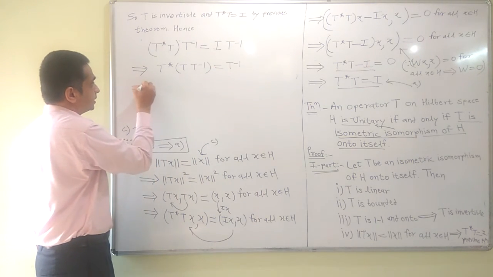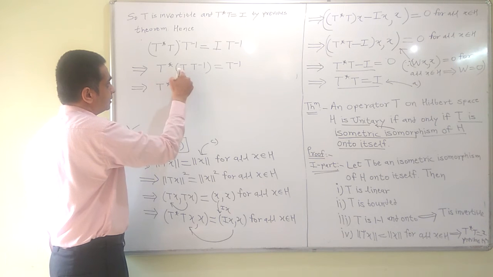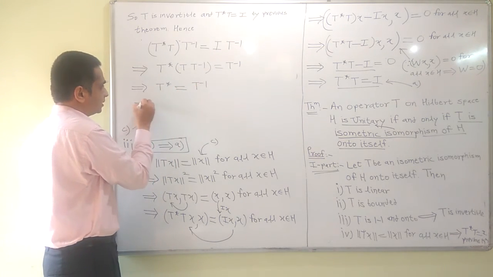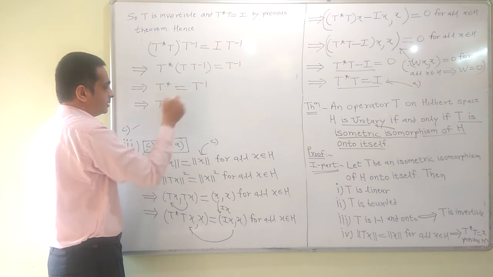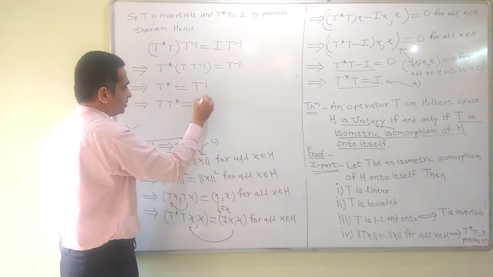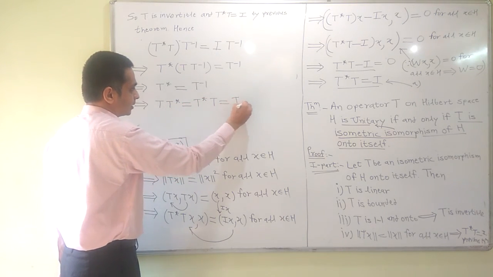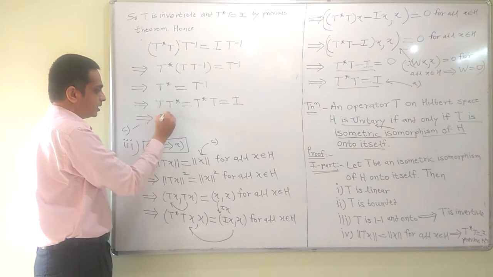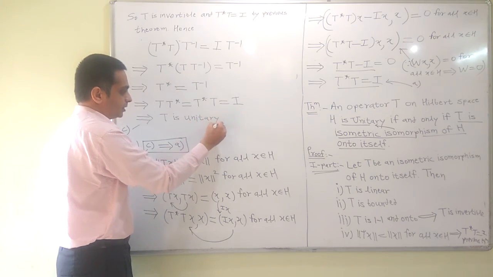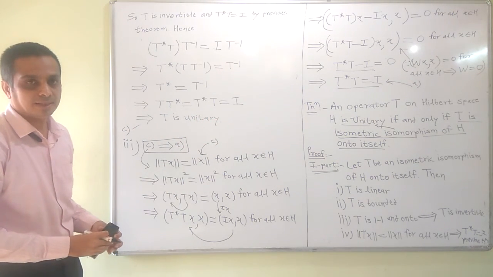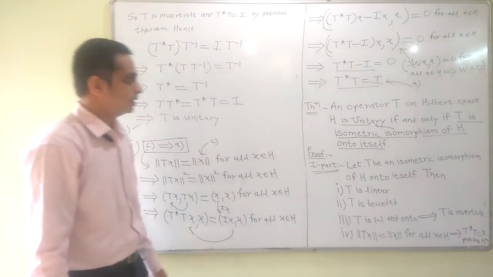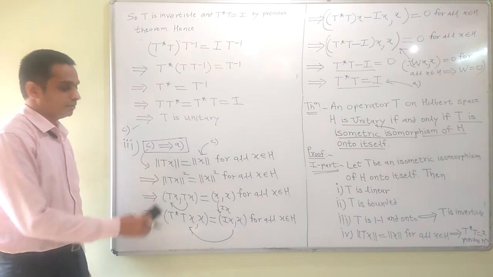This implies that T star is T inverse, so the adjoint is the inverse, and we can write that T star T equals T T star equals I. And this implies that T is unitary. So this is what we wanted to prove in the first part, that T is unitary, assuming that T is an isometric isomorphism of H onto itself.